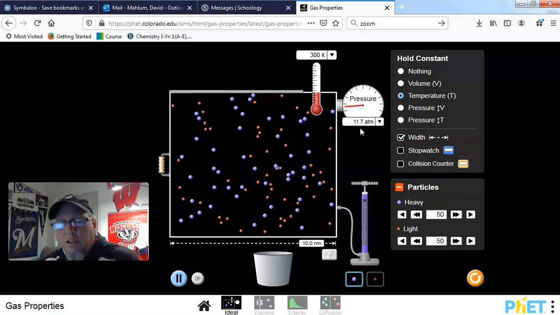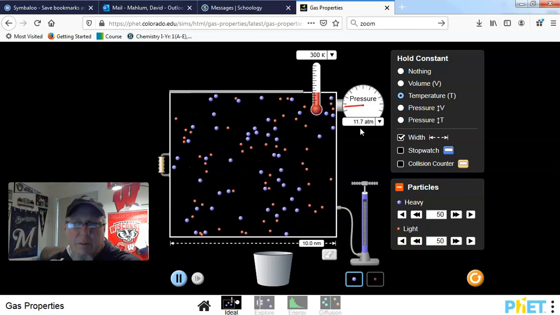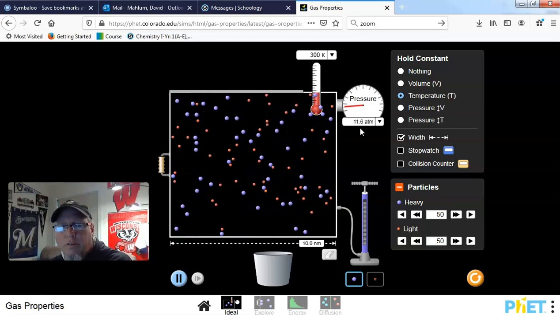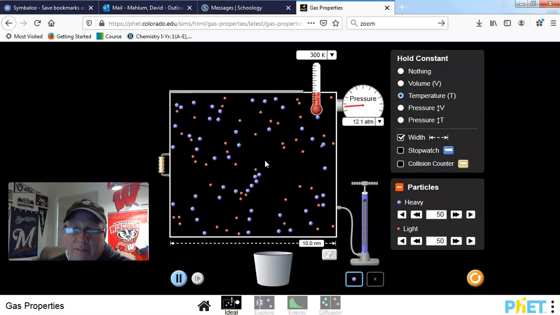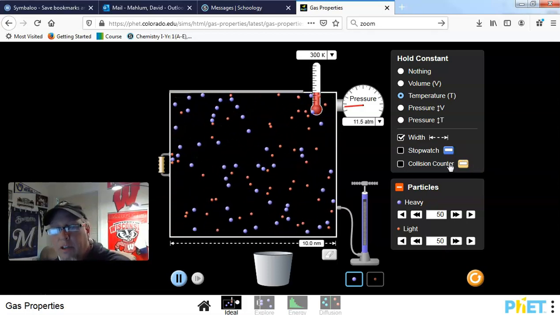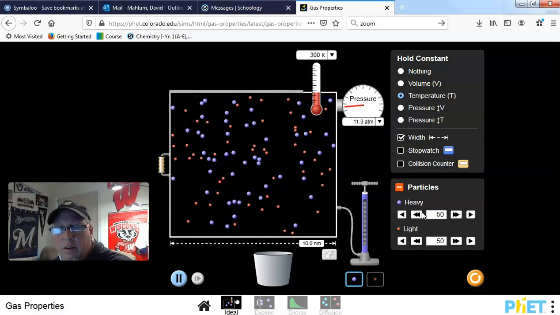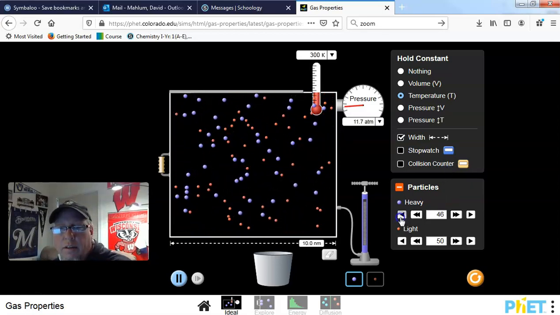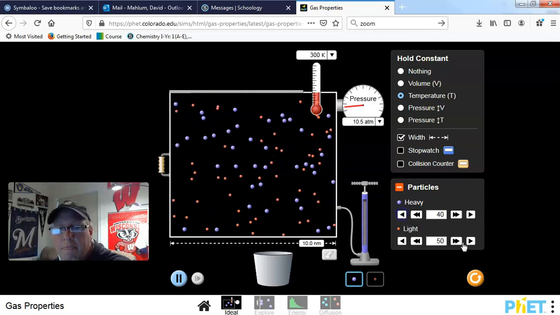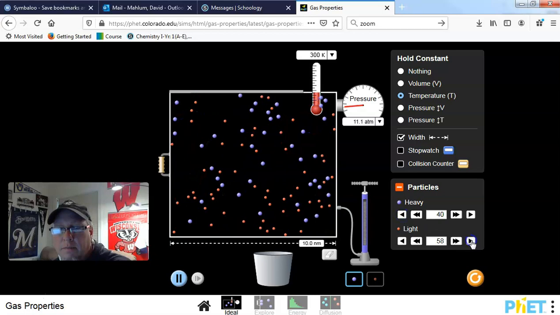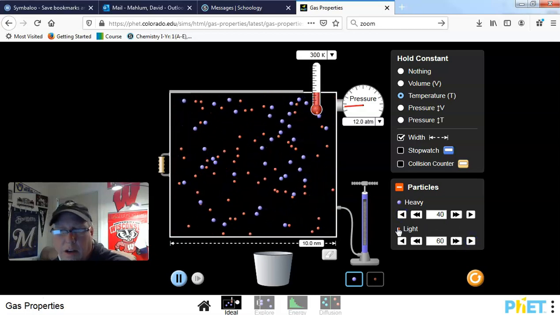So how much of the pressure is caused by the blue particles and how much is caused by the red particles? Well, because they're 50-50, half of the pressure is caused by blue and half is caused by red. What if the particle split were something like 40-60? Again, it's 100 particles.